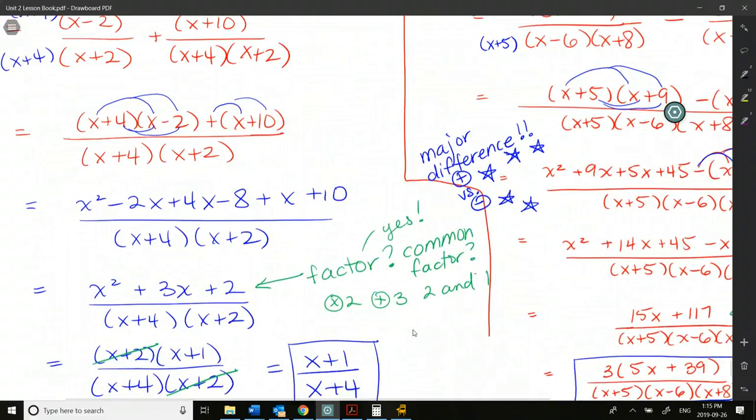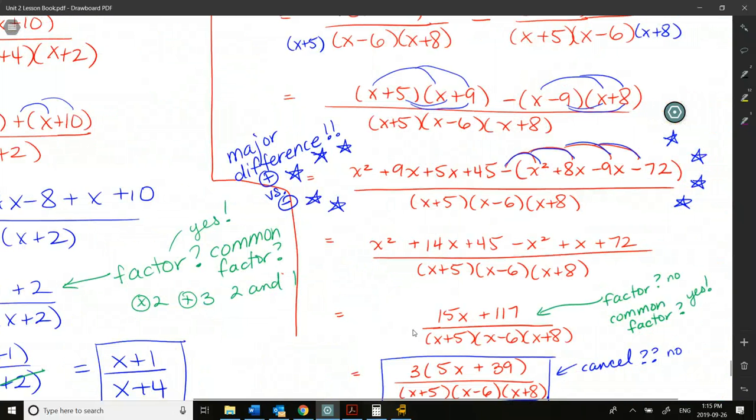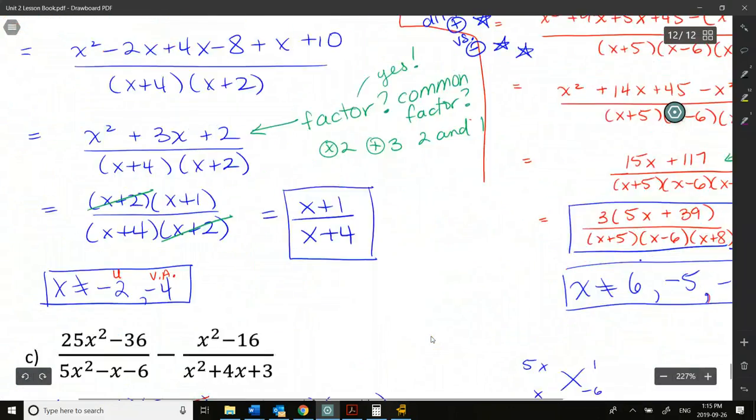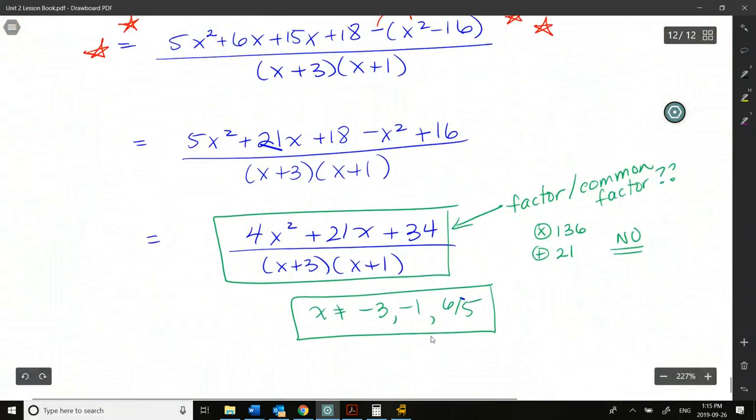I kind of did it with addition here, but there's no point in me distributing a positive. That doesn't really make a difference. But there is a point in me distributing this negative, okay? So I've starred those special steps for you guys where there's a major difference between addition and subtraction. I need to make sure that negative gets FOILed into everything in the expansion on the second bracket there. That's important. Okay?